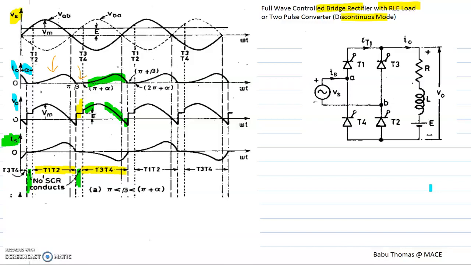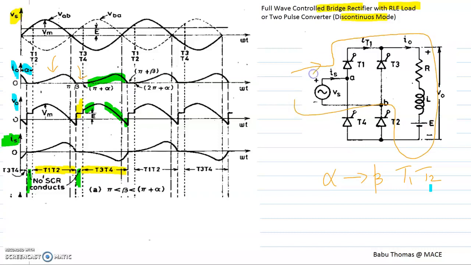First we are going to see, during the period from alpha to beta, T1 and T2 are conducting, and therefore the current will be flowing from source voltage Vs, T1, RLE, T2, the point B, and back to the supply.